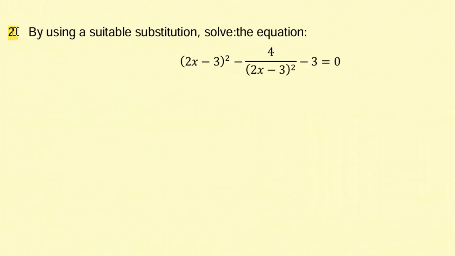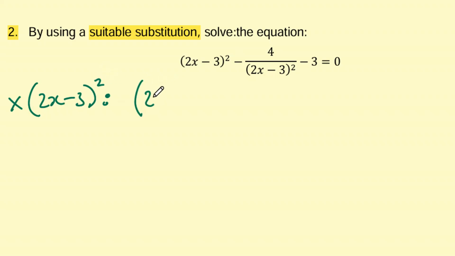Then in question 2 it says, by using a suitable substitution, solve this equation. Now, the first step will be to get rid of the fraction here. And we can do so by multiplying through by 2x minus 3 all squared. Then on the left hand side here, we'll have 2x minus 3 all squared times 2x minus 3 all squared.